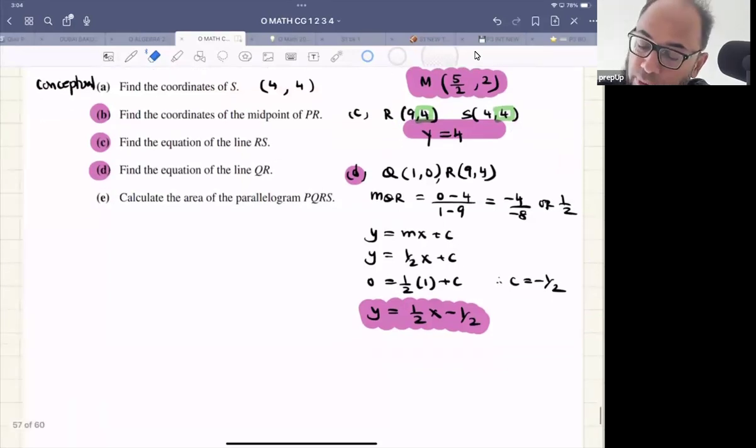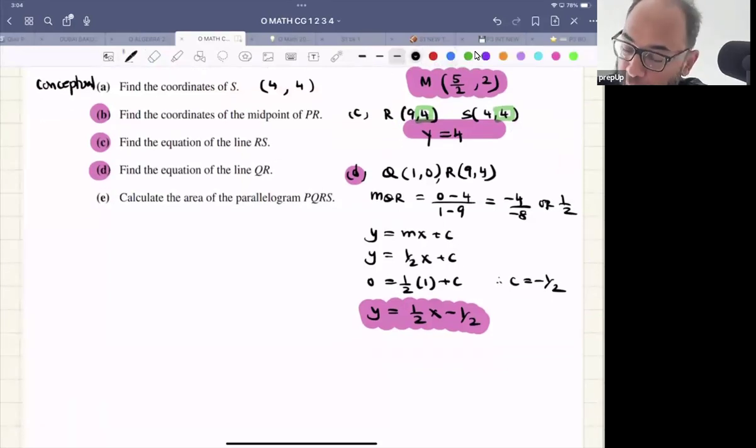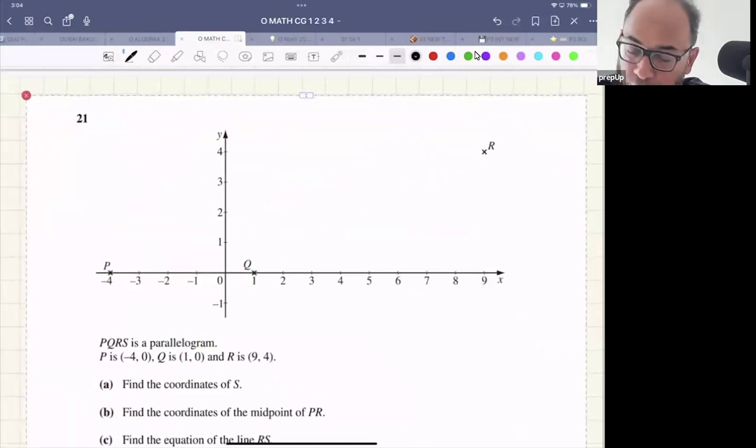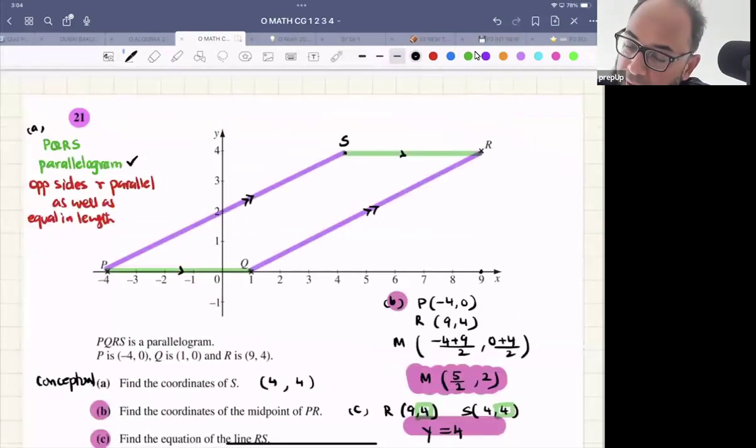Now the last part, calculate the area of the parallelogram PQRS. Part E, area of parallelogram PQRS. That is base into height. So the base of the parallelogram is 5 units.